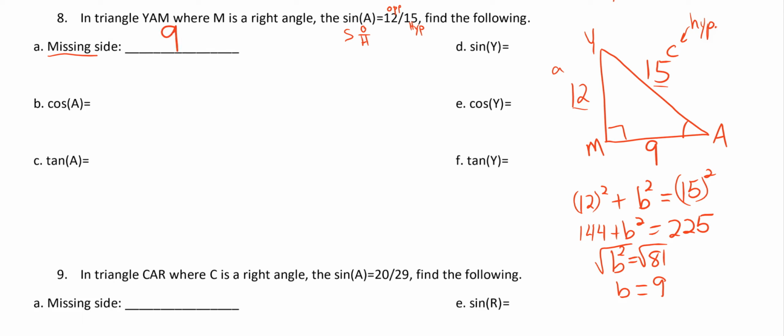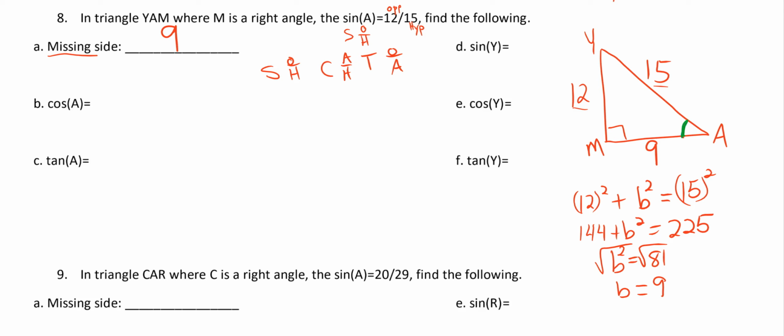So now from here, the rest of this is pretty straightforward. Just use your SOHCAHTOA. Your sine is opposite over hypotenuse, cosine is adjacent over hypotenuse, and tangent is opposite over adjacent. All you gotta do. So starting at angle A, let's go ahead and get a new color in here so it's a little less distracting.